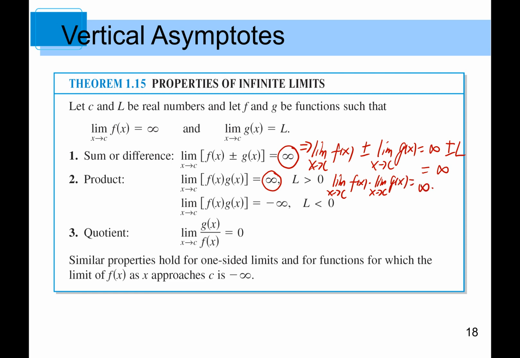And we have infinity times L, still infinity, in this case when L is greater than 0. When L is less than 0, then it becomes negative infinity, right?